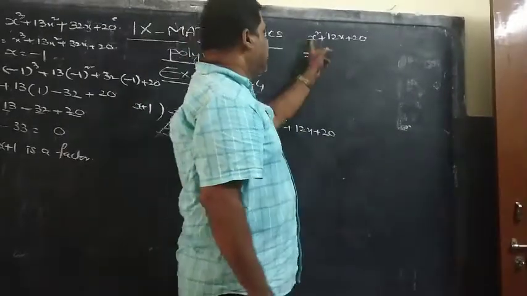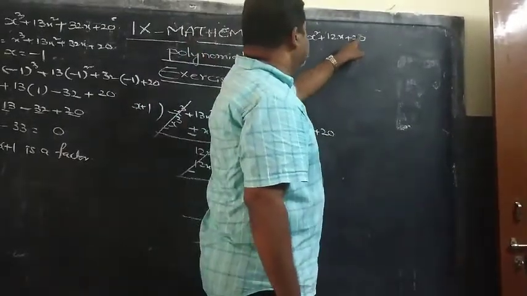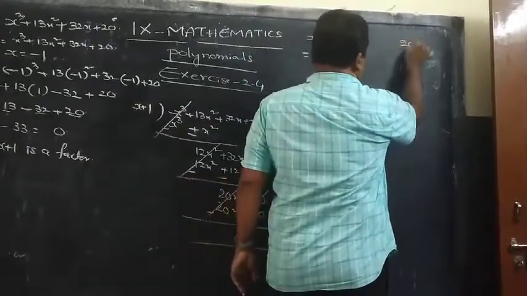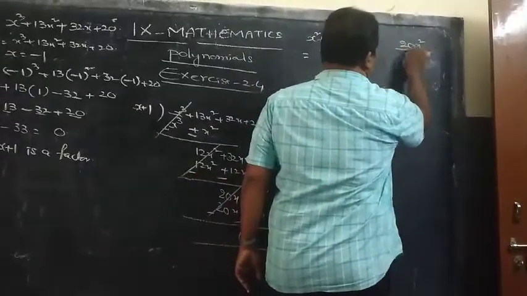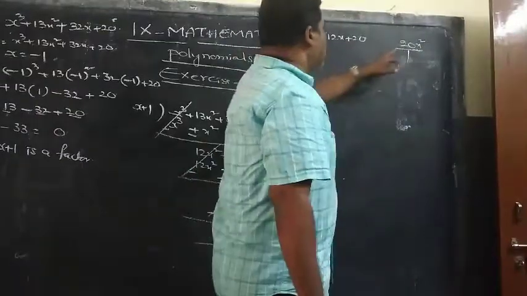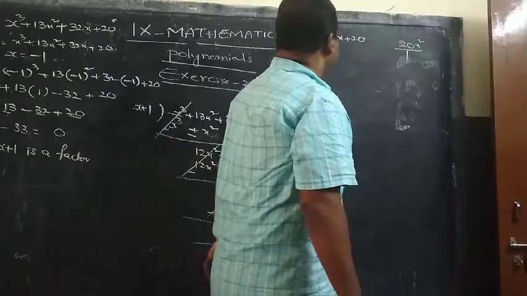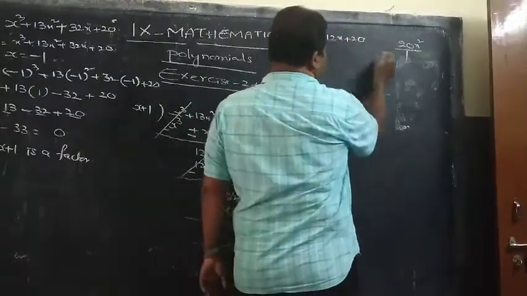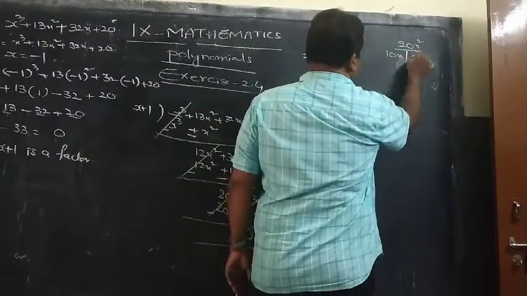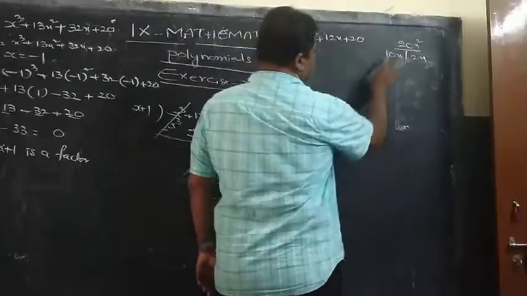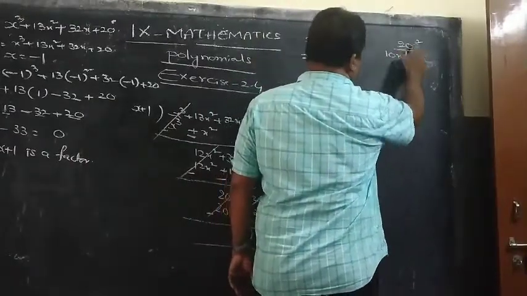Now we have to factorize this. In factorization, first we will multiply the last term with the first term. 20 into x square is 20x square. Now divide this product into 2 factors. On adding the 2 factors, you have to get the middle term. So here 12 is there. So if you write 10x and 2x, if you add it is 12x. 10 twos are 20x square.